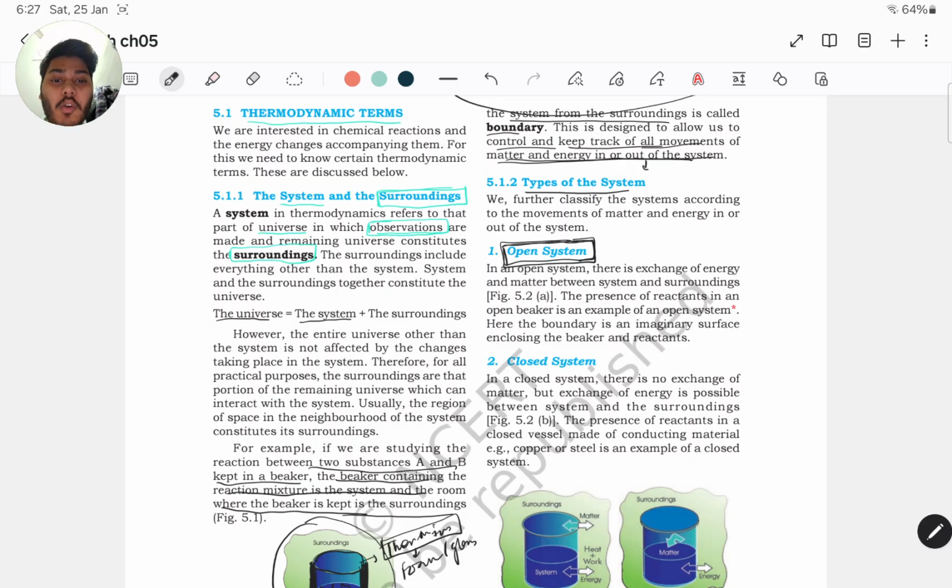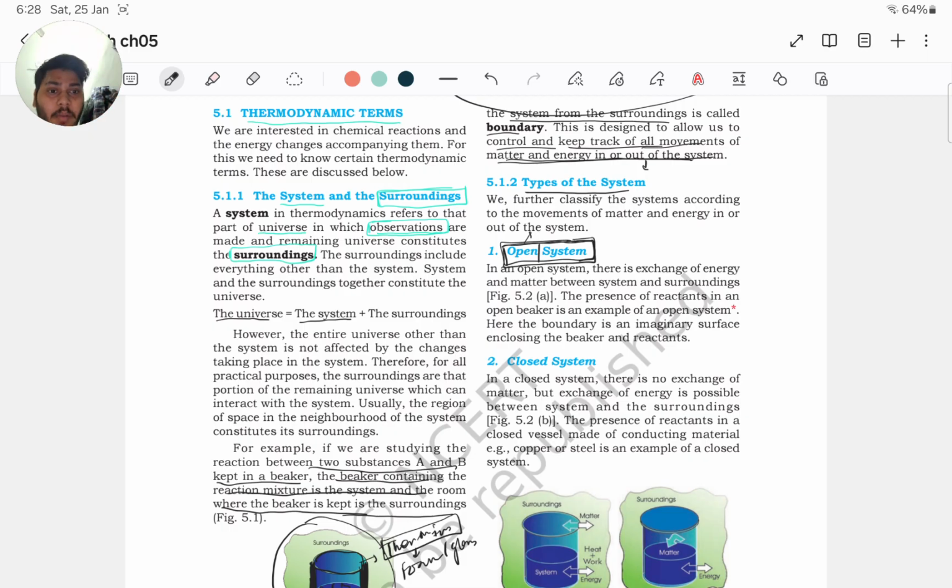The open system. Open system means, as you see in the word, there is some open nature. That is the first idea after seeing this word. So you have to crack the word first, so you can get a brief and crisp idea. In an open system there is an exchange of energy and matter between the system and surrounding.